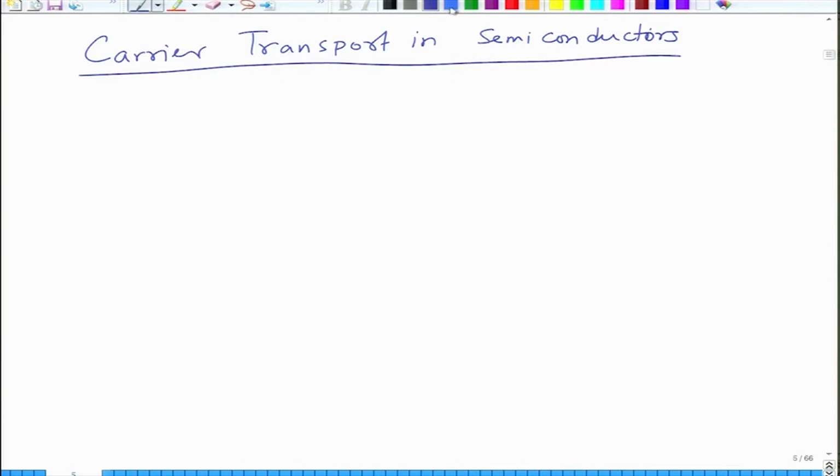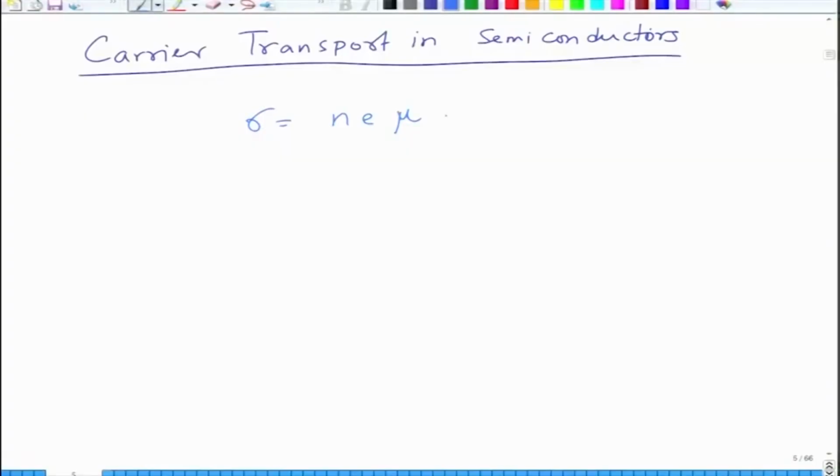So, just like we write for metals, we write sigma is equal to N e mu, right, where N is the electron concentration, e is the electronic charge, mu is the mobility. Now this is for metals, because in metals we only consider one carrier as a moving species, which is the electron. In case of semiconductor, we add another term here.